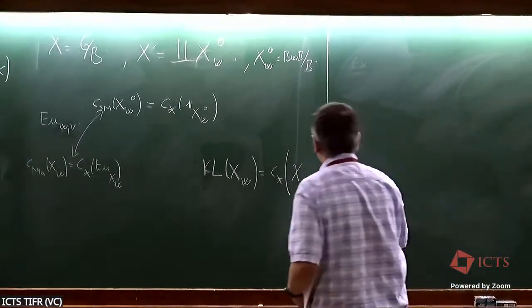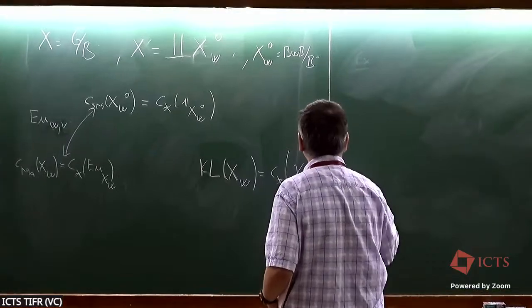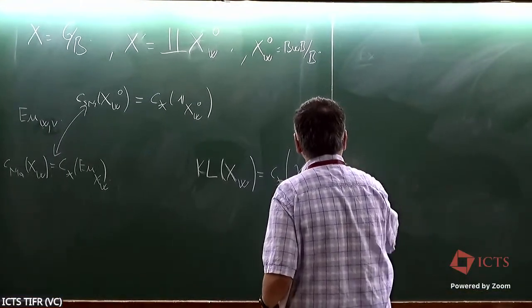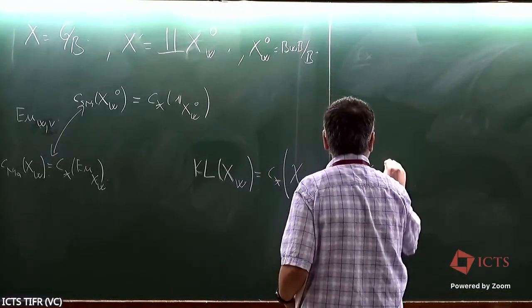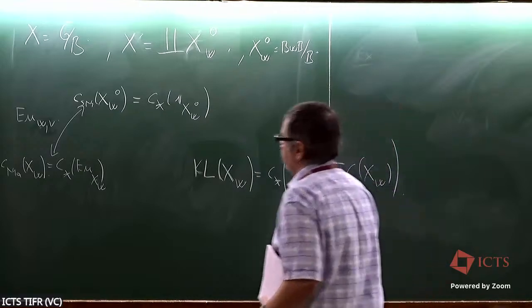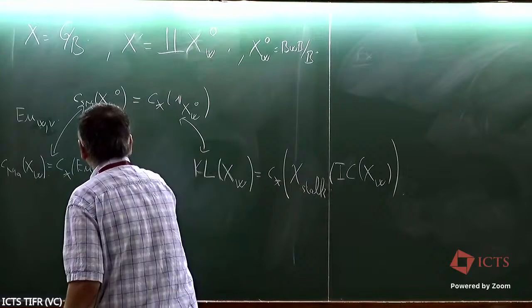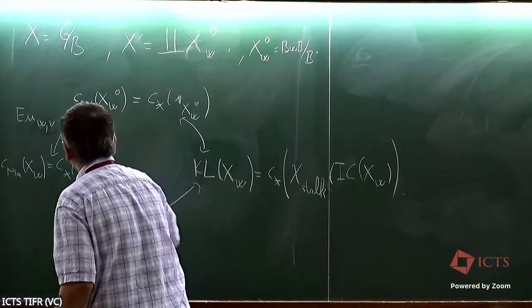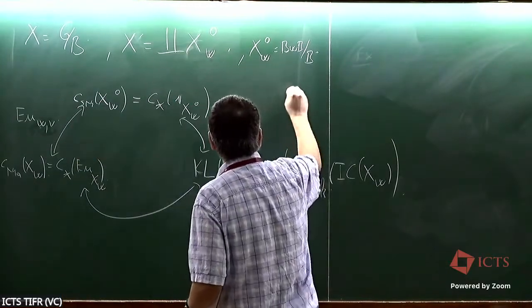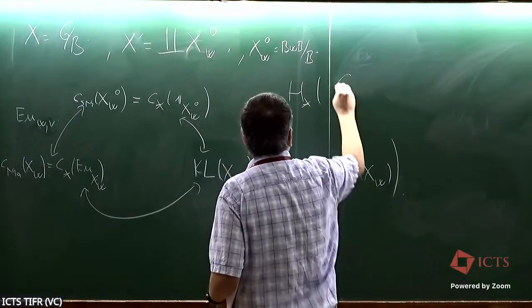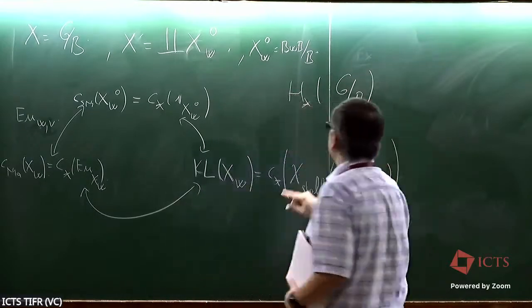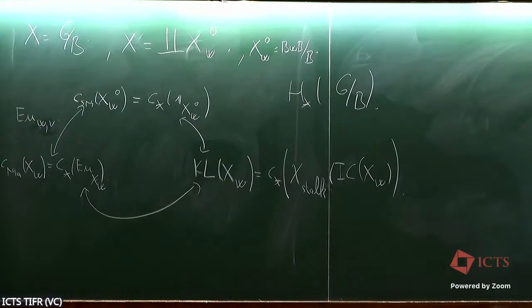So this is chi-stalk of IC of X_W. Okay, so we have these three classes. All of this happens in the homology or cohomology, it doesn't matter, of G mod B.